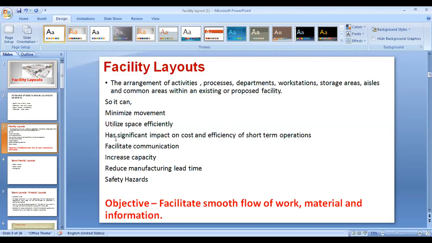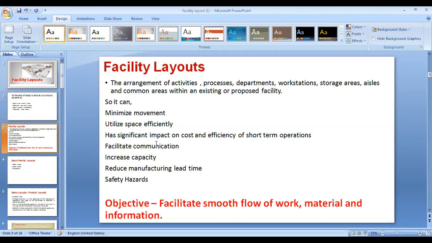And the third point is that it has a significant impact on cost and efficiency of short-term operations. Especially if you look at the short-term operations, facility layout is said to be one of the major determinants, and it has a major impact on the cost aspect. It facilitates communication also. Where you have located your workstations in the factory determines whether they are in a position to communicate things in a simple manner without using walkie-talkies or anything.